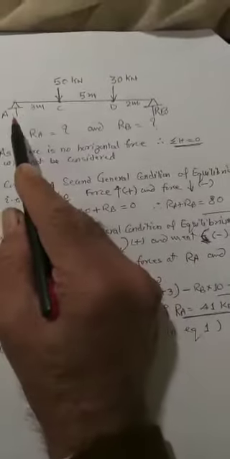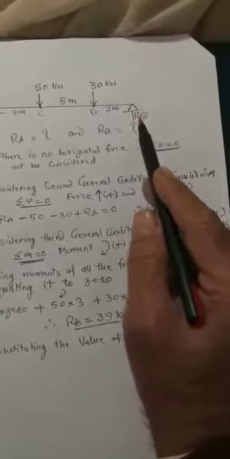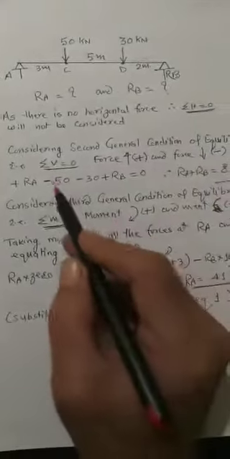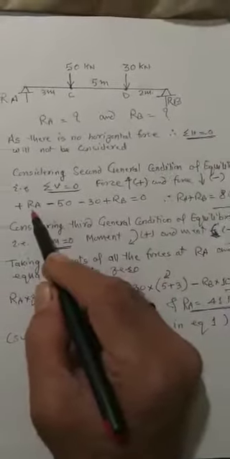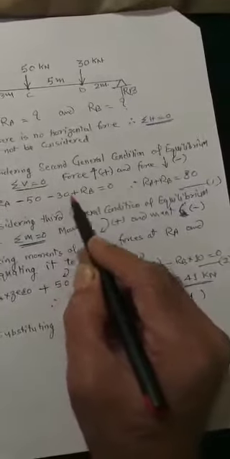I am starting from here and coming last to B. Upward force positive, downward force negative. Now, plus Ra minus 50 minus 30 plus Rb equal to 0.